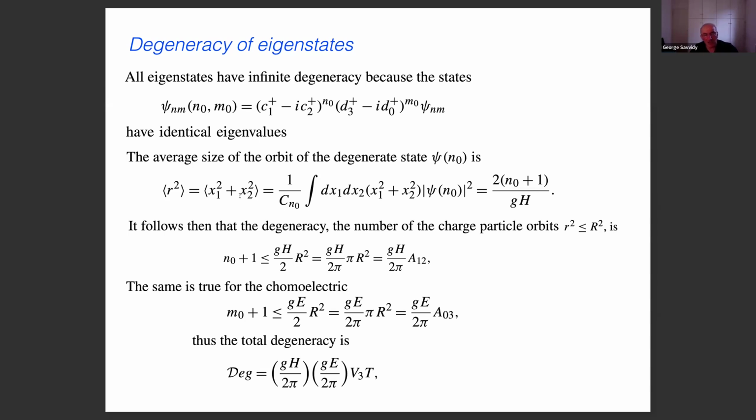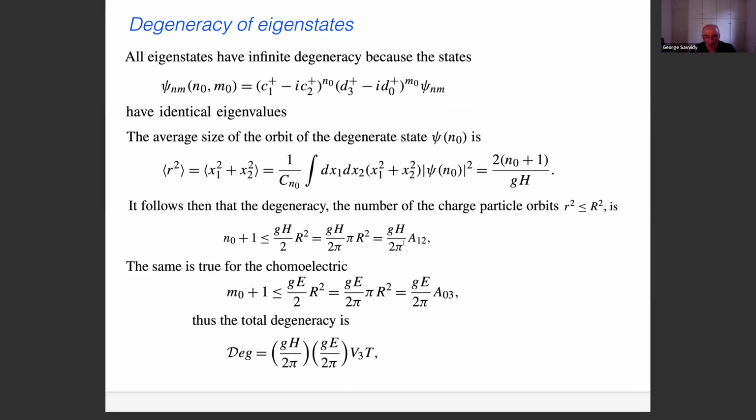I am looking just in the plane 1, 2. We have to integrate x1, x2 squared with the wave function, and you will see that the size of the orbit is proportional to the quantum number n divided by the magnetic field.